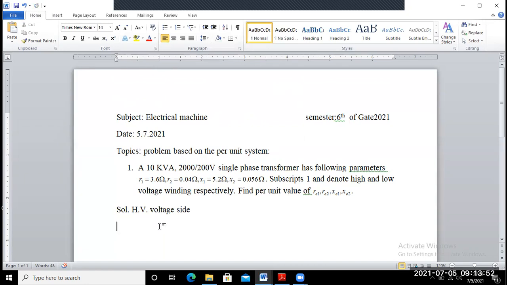First we choose the base voltage of the HV side. So we choose the base voltage of the HV side as the maximum voltage rating, that means 2000.